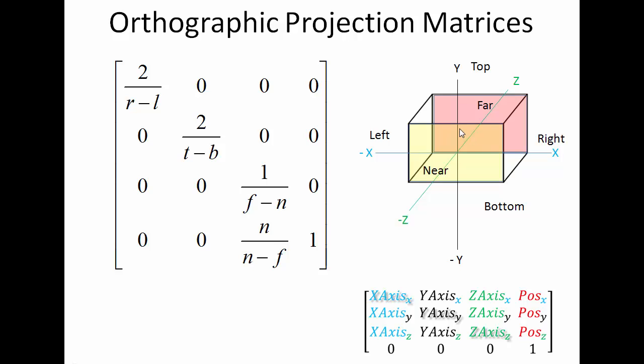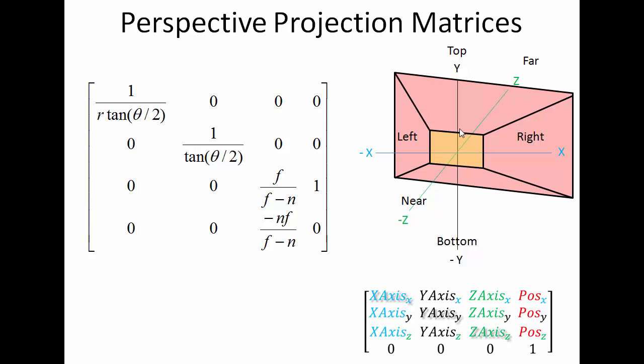But the problem with this is it doesn't have perspective. No matter how far away something is, it's going to look like it's all at the same distance. And so to make it appear that it has perspective, use a perspective projection matrix. And instead of a box there, that's going to look more like a 3D pyramid with the top cut off.